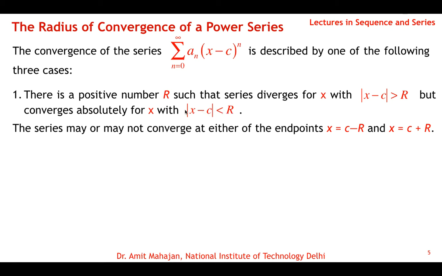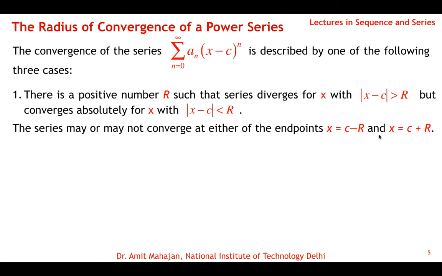So the series converges absolutely in an interval. You can easily rewrite this as c minus r to c plus r. The series may or may not converge at either of the endpoints, which are x equal to c minus r and x equal to c plus r.